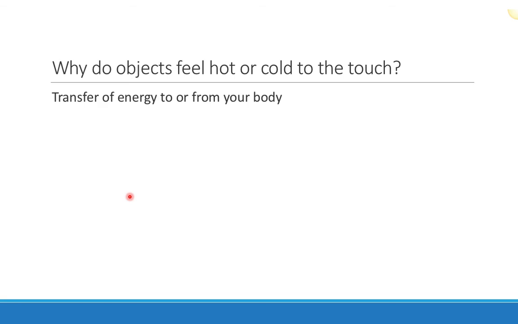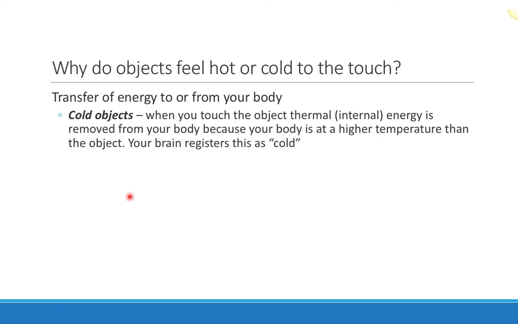It turns out the reason that objects feel hot or cold is because there's transfer of energy to and from your body. Objects will feel cold to the touch because when you touch the object, thermal energy or internal energy is removed from your body because your body's at a higher temperature than the object, and the brain registers this as cold.